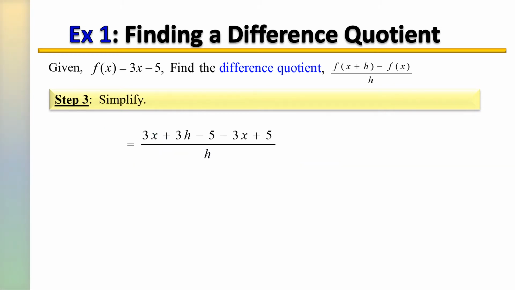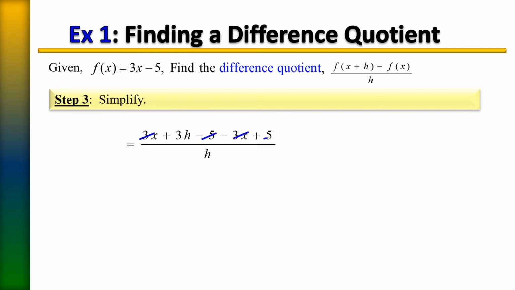Now we're going to go ahead and combine like terms. We can see here that our first degree terms of x are opposites of each other. We have 3x and minus 3x. They will cancel out, and so are our 5s. We have both positive and negative 5. And that will always happen with a difference quotient.